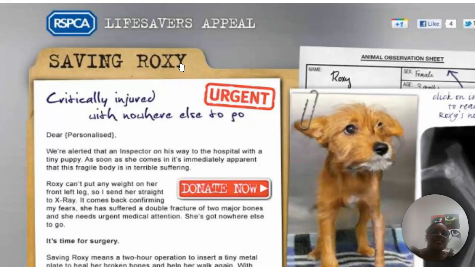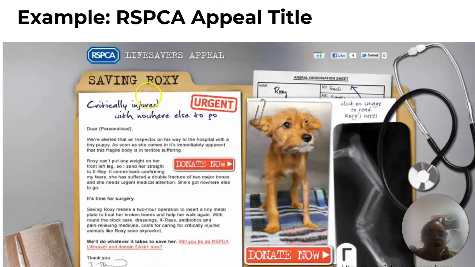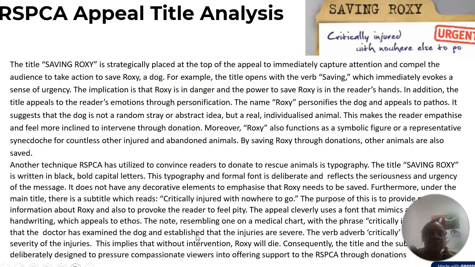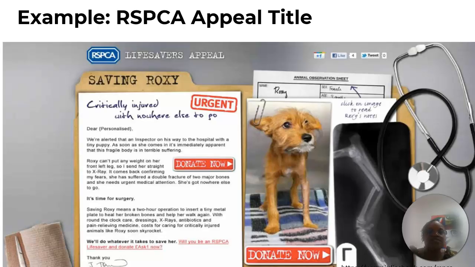And being that it is from the RSPCA and you read the text, you can actually read around the text and see who are the RSPCA and what is the purpose by looking at the bottom of the text. Now, something else before we go into the analysis that you can notice is the name Roxy.